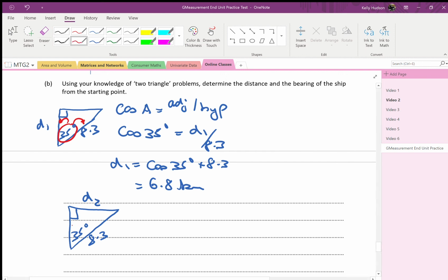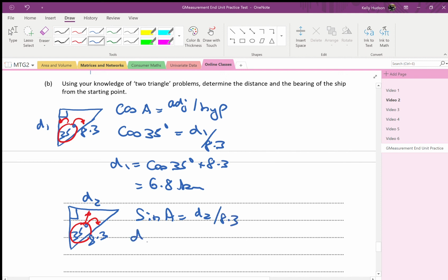Right, which ratio do I use? Well, let's see. There's my angle, opposite, hypotenuse. So, opposite and hypotenuse, I think I might go maybe with sine. So, sine of my angle A is equal to D2, my opposite, divided by hypotenuse, 8.3.